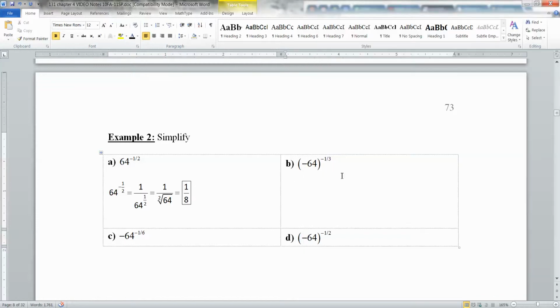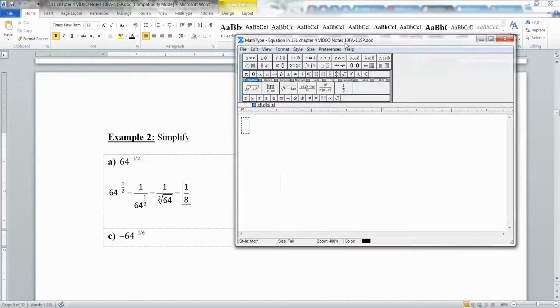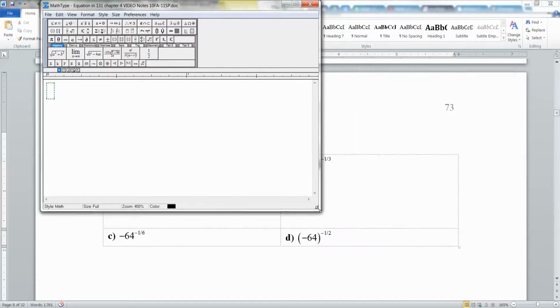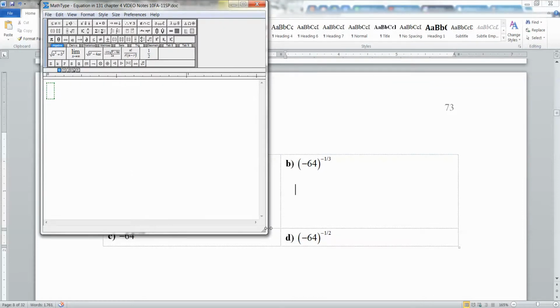All right, so now let's look at the next one. We've got -64 to the -1/3. Now you might be thinking, uh-oh, we're in trouble because there are some negatives floating around, but we'll be okay. It has to do with the fact that this was an odd power. See how it's a third? That'll be all right.